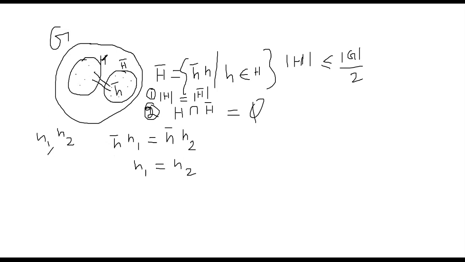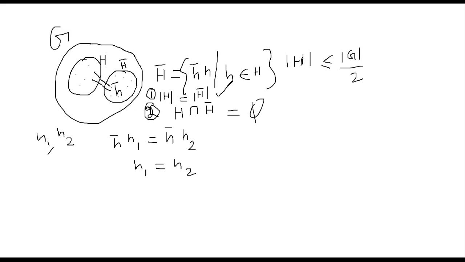The number of elements in H must be equal to the number of elements in H bar, because we are talking about two sets, and we establish a one-to-one mapping essentially. That means two finite sets with one-to-one mapping must be of equal length. That's the reason why we claim that both H and H bar are of equal lengths.